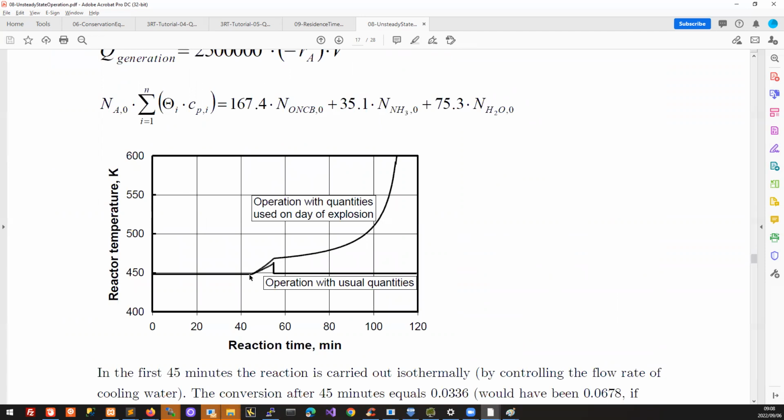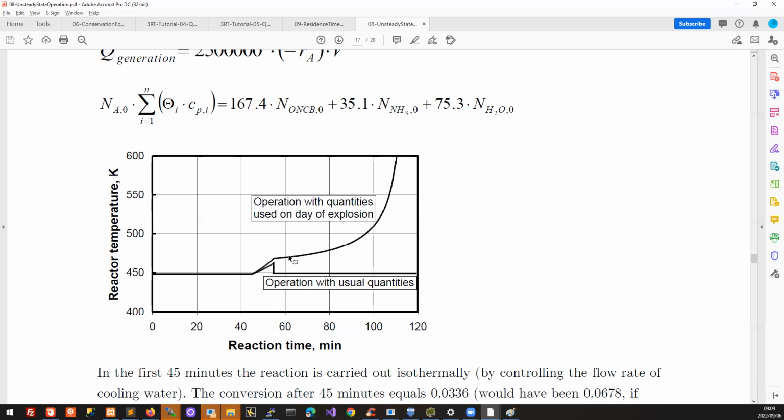So under normal conditions, when you don't have such a high concentration of reactant, if you were to switch off cooling for a while, you could switch it on again and it would go back to the normal operation. And if you recall yesterday with the R and G and the exceeding the ignition temperature, here on this day with the higher reaction volume, right, with the higher quantities, your temperature rose.